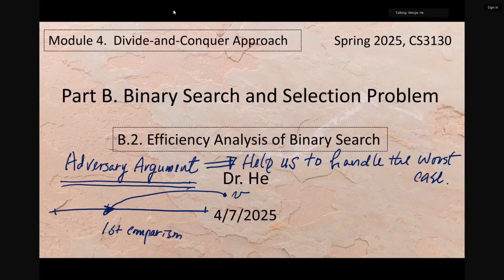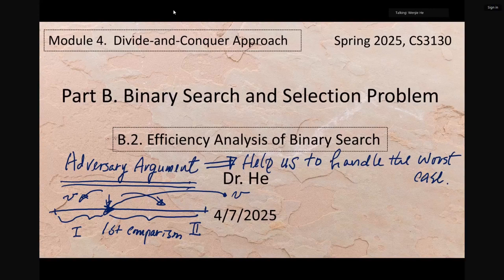For example, we compare with the element here. After the comparison, there are two cases. Case one, V falls into the first subarray. Case two, V falls into the second subarray. One longer, one shorter. Then we ask our adversary, which of the two cases do you want to give us?